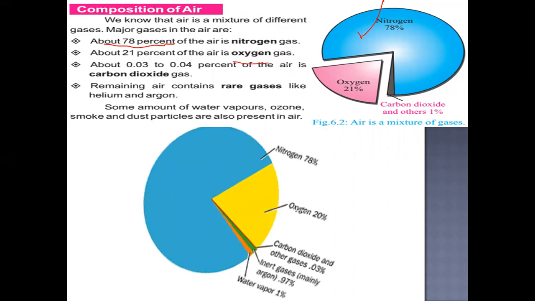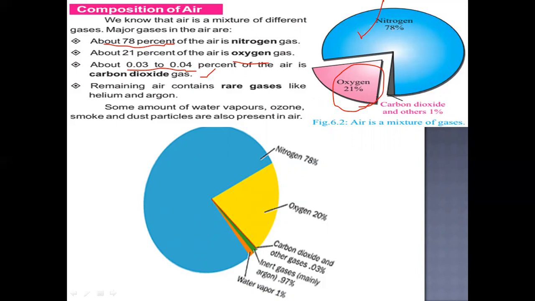Oxygen is also present, at 21% in the atmosphere. Carbon dioxide is 0.03 to 0.04% in the air, and that is a very important gas for plants' photosynthesis. The remaining air contains rare gases.